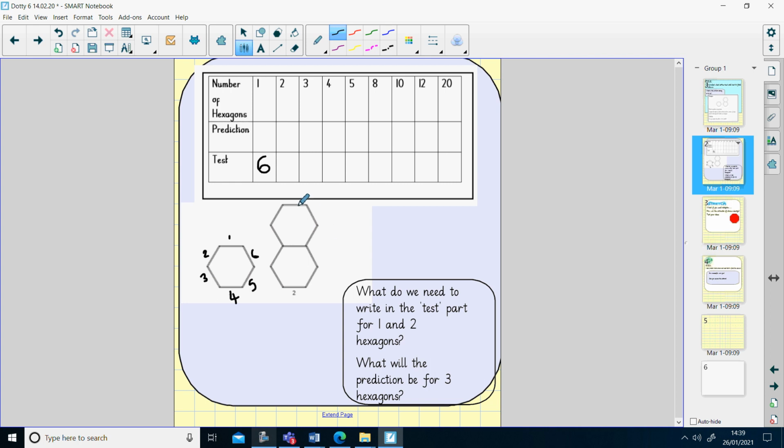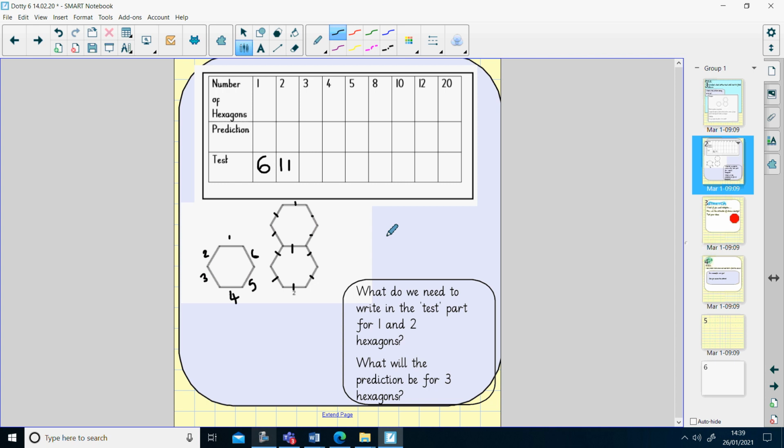Okay, let's have a look. So we'd need 1, 2, 3, 4, 5, 6, 7, 8, 9, 10, 11. So I'm testing the number of straws I need, and the answer is 11.